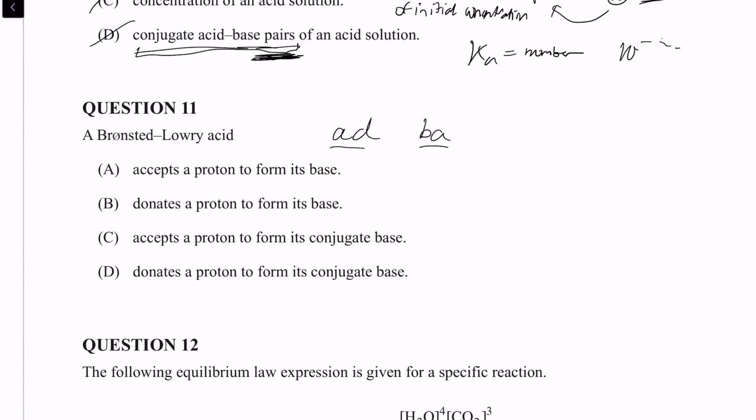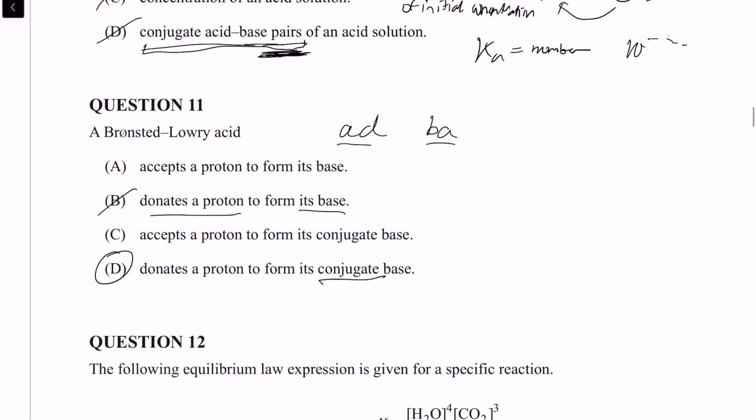Acids donate a proton to form its conjugate base. Okay. That is there. Right? It is not B because we're not donating a proton to form its base. Bronsted-Lowry acid will always turn into a conjugate base because it wasn't the original base that was combined together.